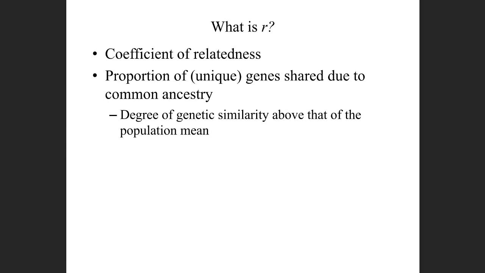Because we share 99.9 something percent of our genes with every other human. And so it's just what proportion of those genes that are not shared on average do we share due to common ancestry.